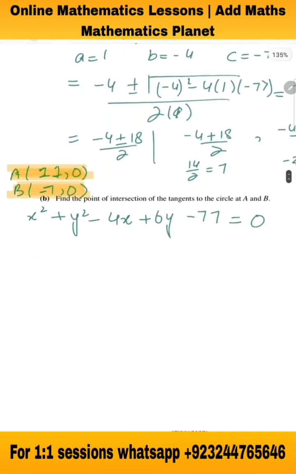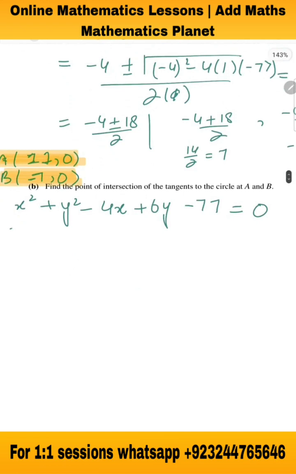So to calculate the center of the circle, we will take x square minus 4x plus y square plus 6y, which is equal to 77.